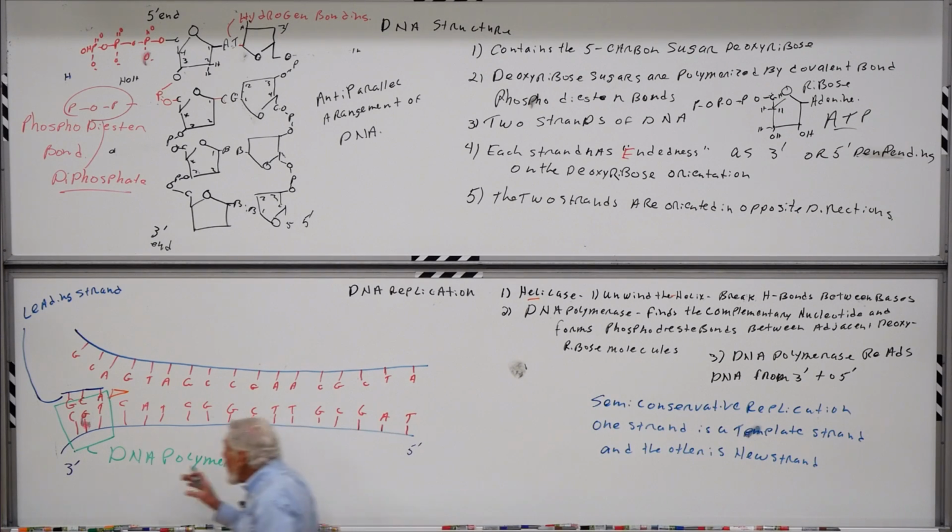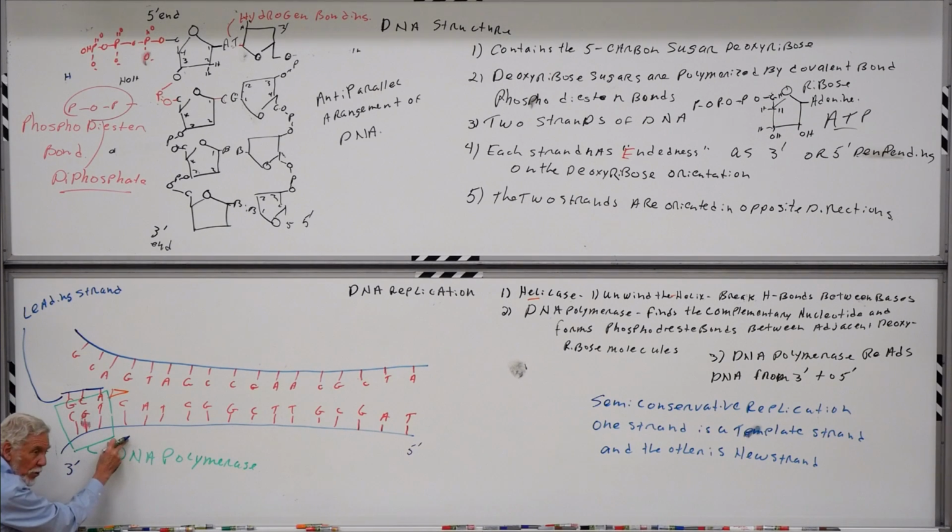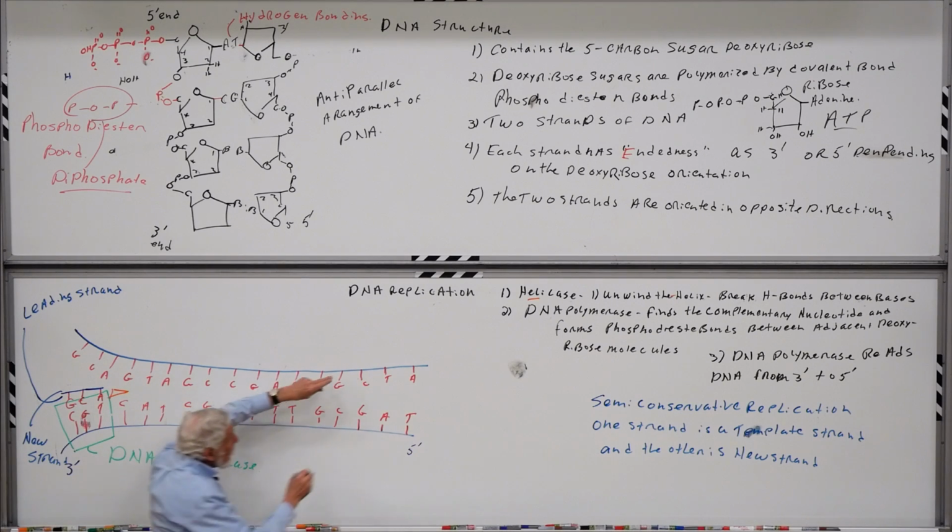So again, what we're seeing here is we're using the CGTCA, that's the template strand. And now we're generating the new strand, GCA, GT, and so forth. This is said to be the new strand. Well, up here, this is going to be the template strand.